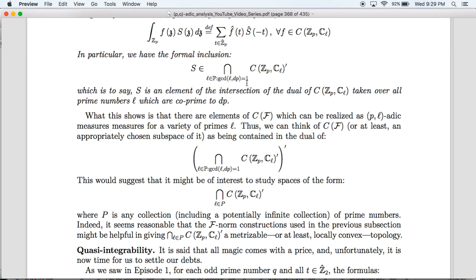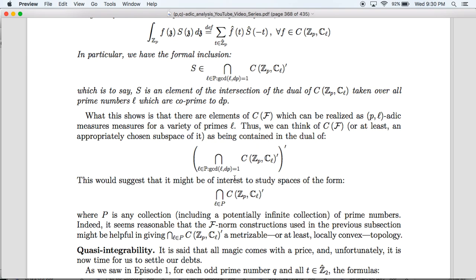So what this shows is that there are elements of our space that can be utilized, and so we can think of that, or at least an appropriately chosen subspace of it, as being contained in the dual of this thing.